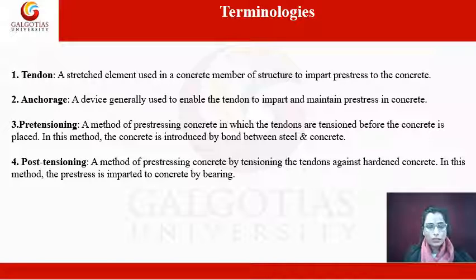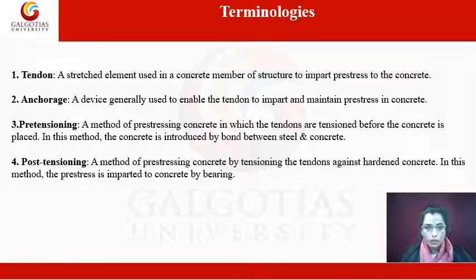In this slide, we have some terminologies which are used in pre-stressing. First one is tendon: a stretched element used in a concrete member of a structure to impart pre-stress to the concrete. Second is anchorage: a device generally used to enable the tendon to impart and maintain pre-stress in concrete.